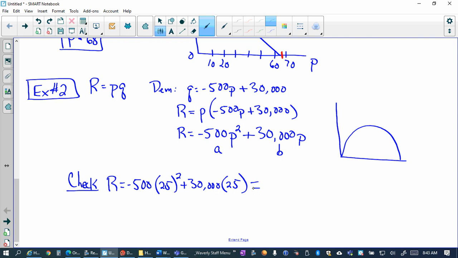Get something? $437,500. So if they sell them for $25 a piece, it's $437,500 in total revenue, right?